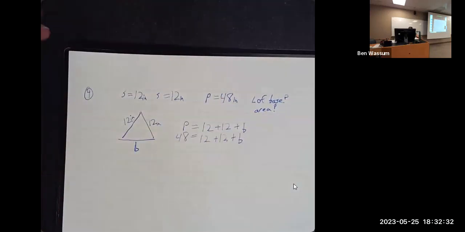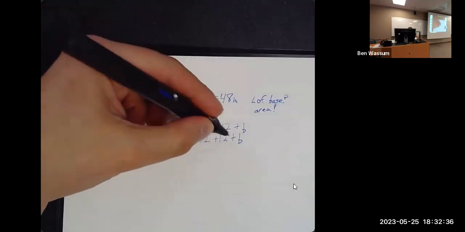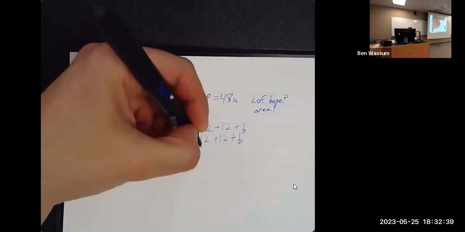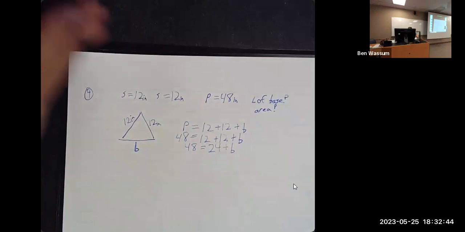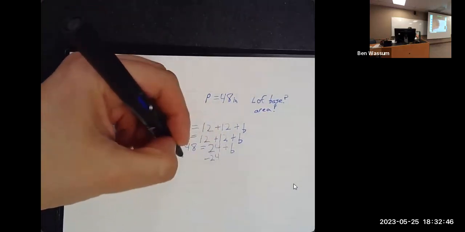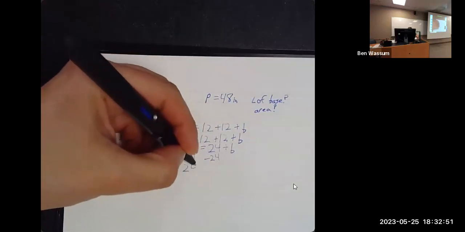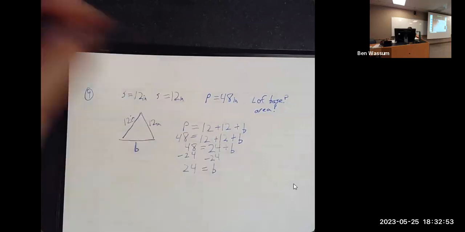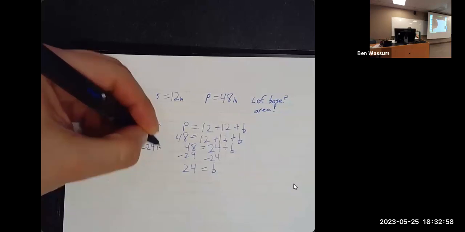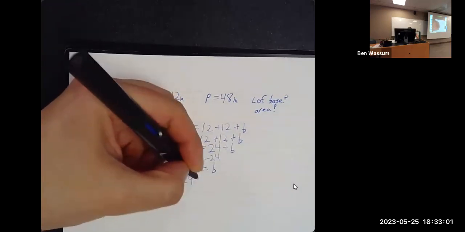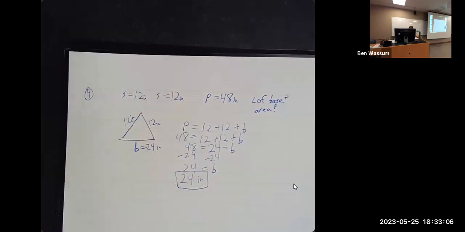And I don't know what the B is, but now that it's the only variable, I can solve for it. So I'm going to combine like terms and solve for that B. 48 minus 24 is another 24, equals B. So we have 24, and our unit is inches. That'll be the length of our base.